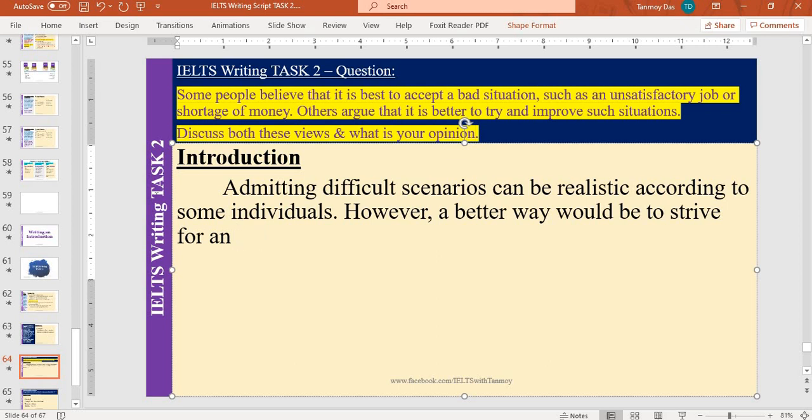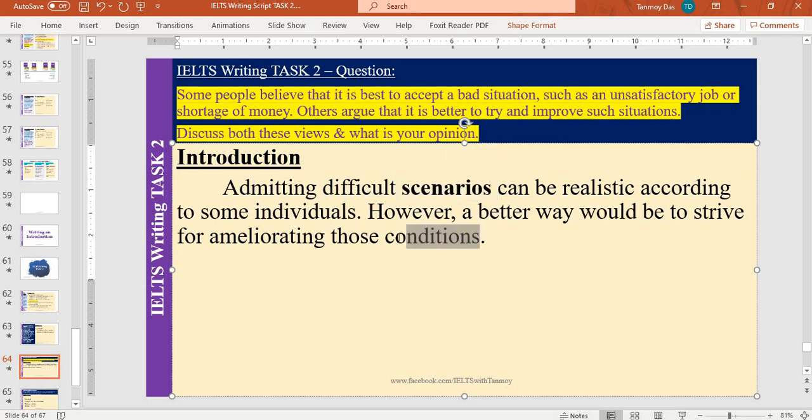No, these are difficult situations, so we will try to ameliorate. Okay, strive for ameliorating those conditions. So I'm not using situation. I'm using two synonyms for situation: scenario and conditions.